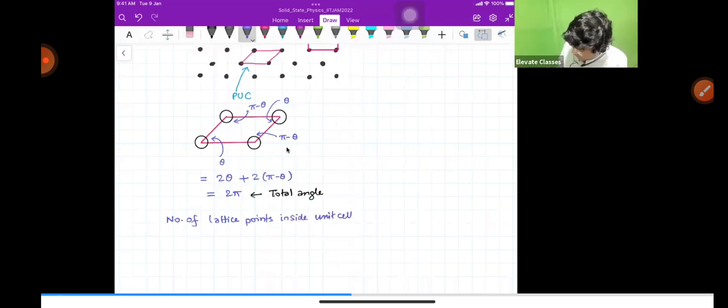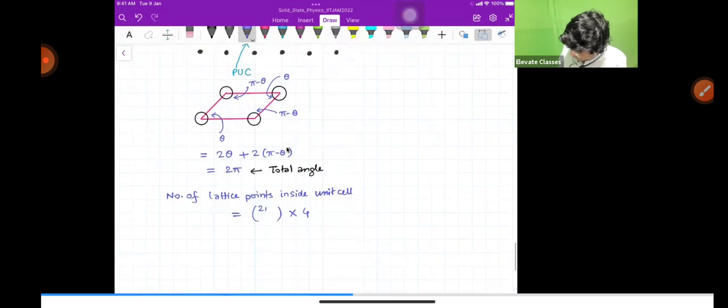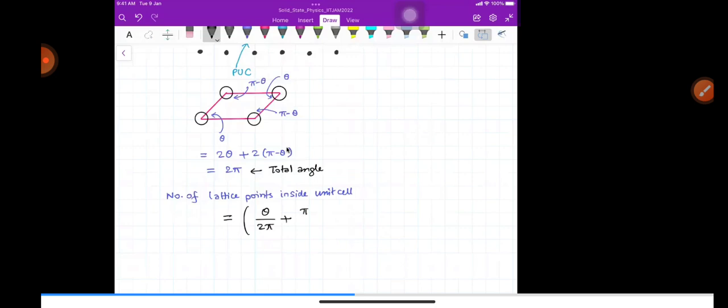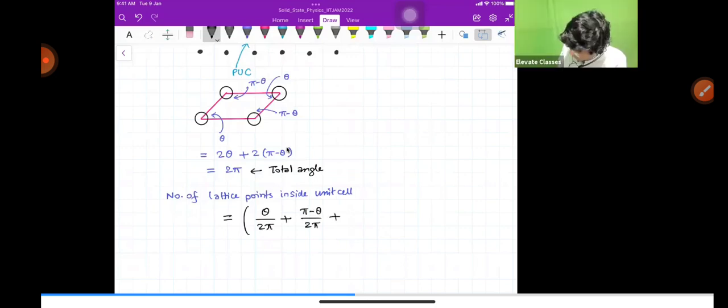So we will just find the contribution and the number of lattice points. The number of lattice points is 4, and what is the contribution of each of them? Here we cannot just take the ratio. So we have theta by 2 pi, then pi minus theta by 2 pi, plus theta by 2 pi, plus pi minus theta by 2 pi.